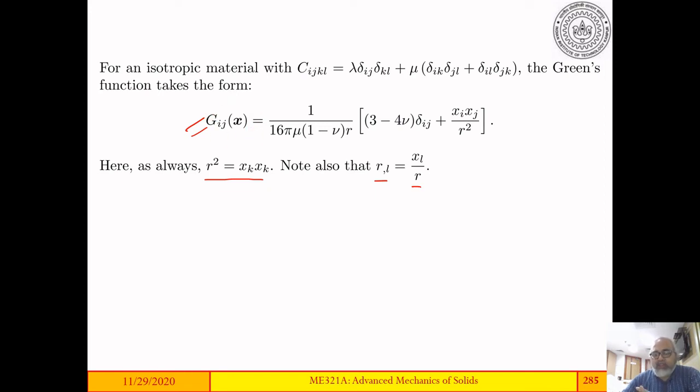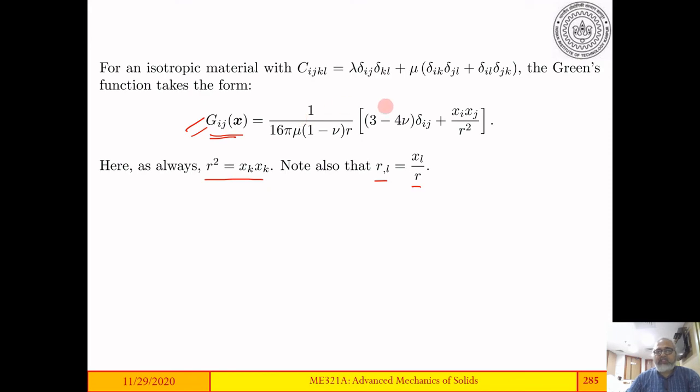So it's the displacement at a point x in the direction i due to a load applied in the direction of j at the origin, due to the component of load applied in the direction j at the origin. That is what is physically given by your Gij.